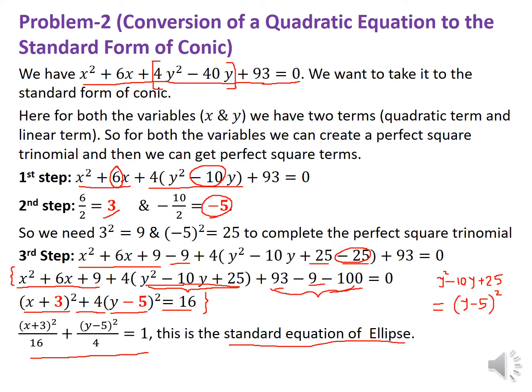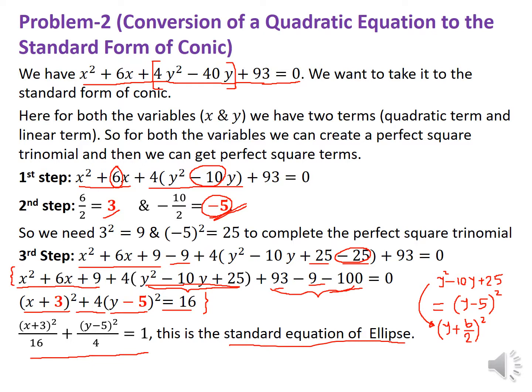As we have for the variable y, b by 2 is equal to negative 5, and we know that for this perfect square trinomial we can write a binomial y plus b by 2 whole square, and since b by 2 is equal to negative 5, we can write y minus 5 whole square for y square negative 10y plus 25.